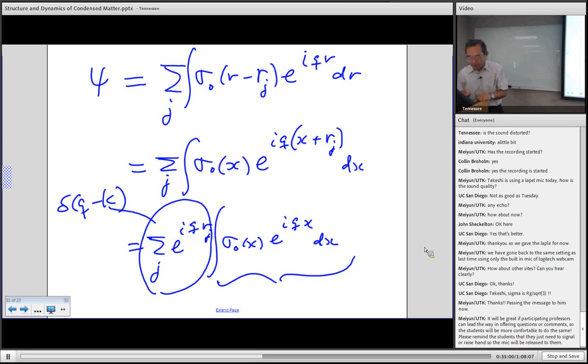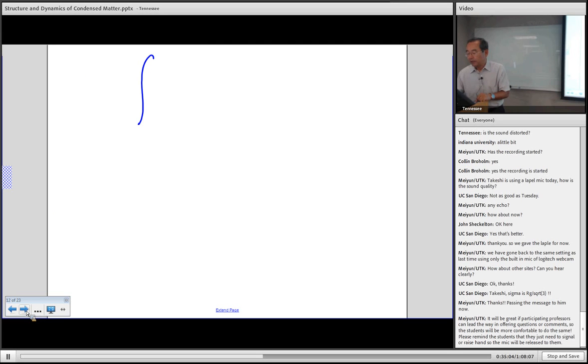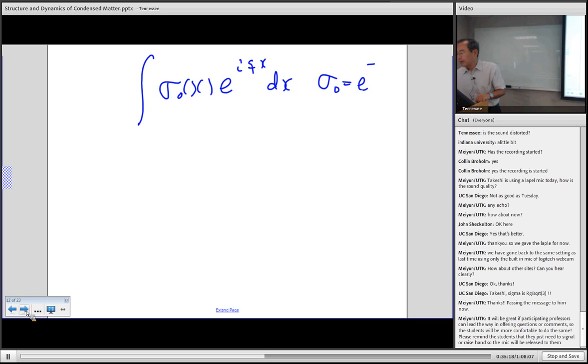And then this integral is the one that we saw before, which is the integration of rho 0 of x e to the iqx dx, where rho 0 was e to the minus x square over 2 sigma square. Okay.